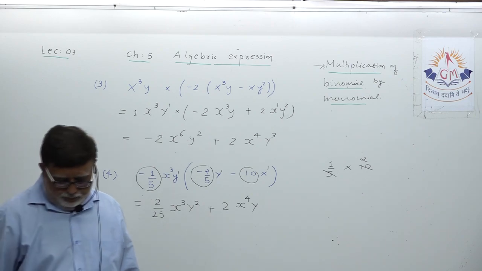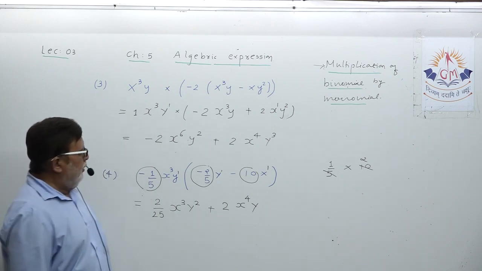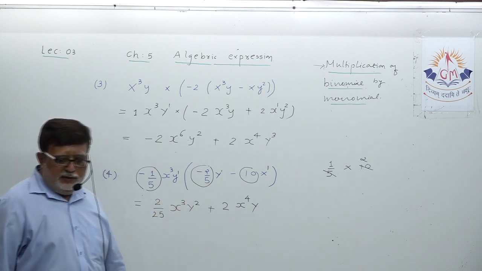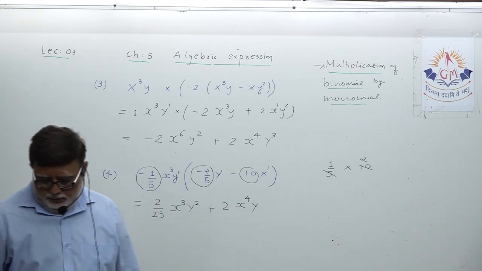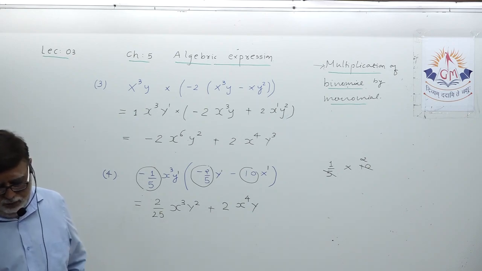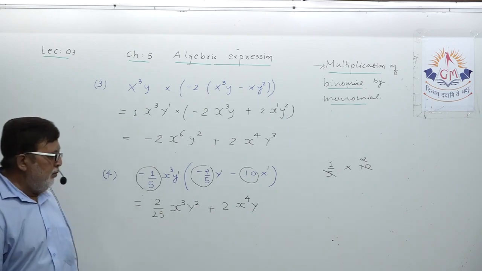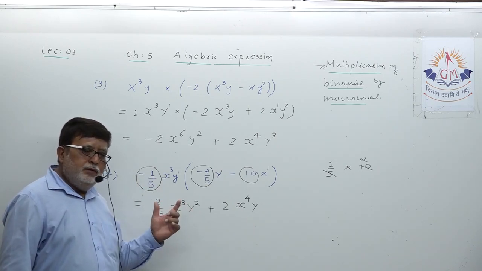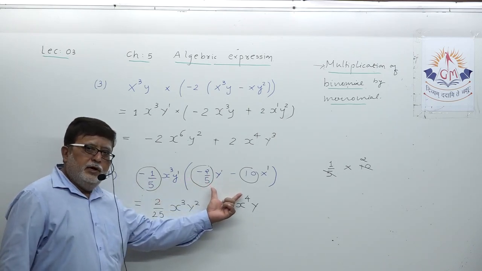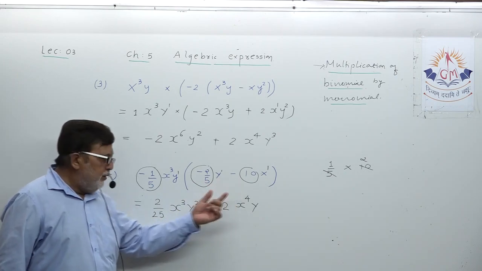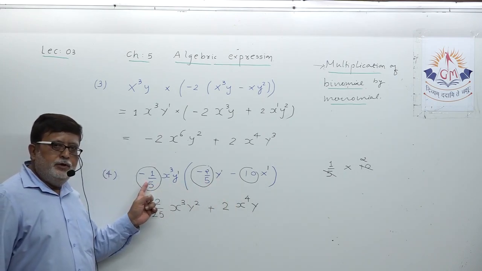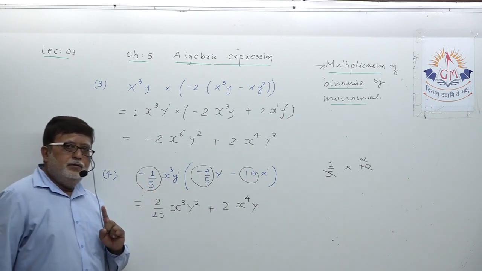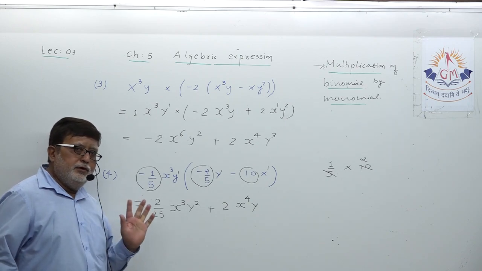Okay? Is it clear in your mind? Just to verify how we are targeting, because in the next stage we are going to solve some difficult examples. Whenever you get a binomial in bracket and a monomial in front, be very, very conscious.